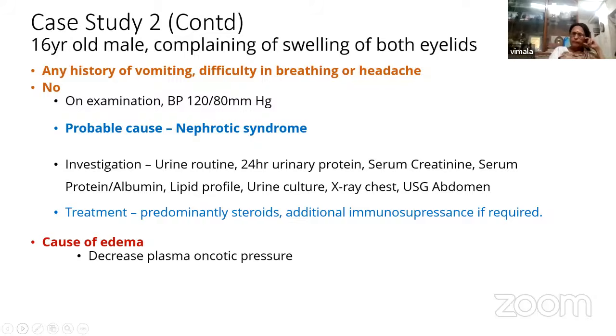You know, the problem with albumin infusion is that it stays in the circulation only for 48 hours. So there is no role for a routine albumin infusion. If the albumin is dangerously low, and if the person has ascites also, then there is a threat of peritonitis or infection occurring. In that case, you have to correct with albumin.